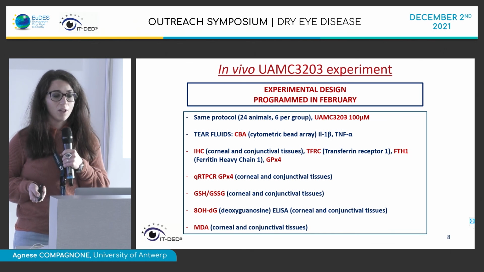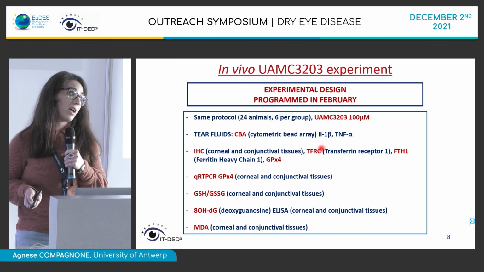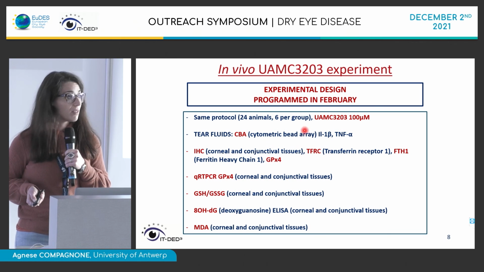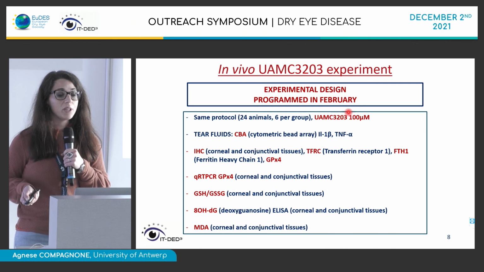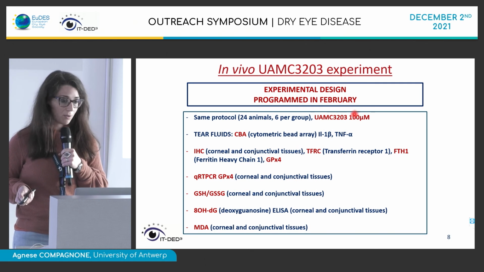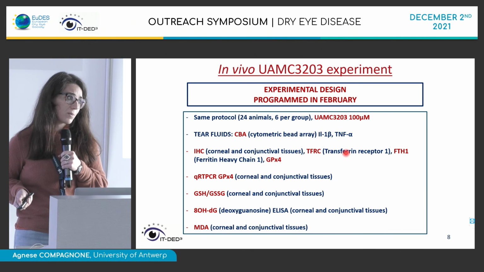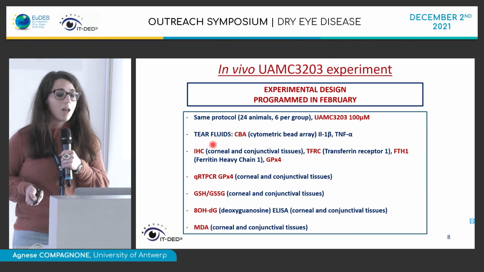Based on the safety studies that were performed by Anusha at the University of Finland, the compound will be tested at a concentration of 100 micromolar, and the tear fluids will be collected in order to check the main inflammatory biomarkers for dry eye disease.